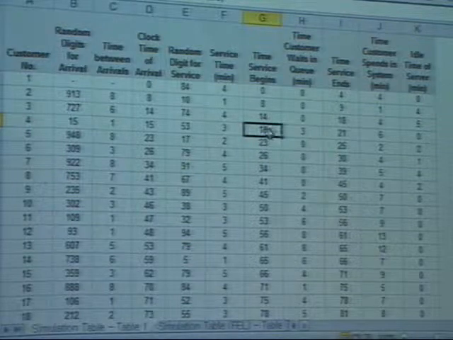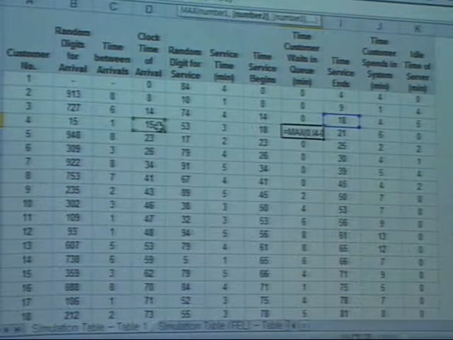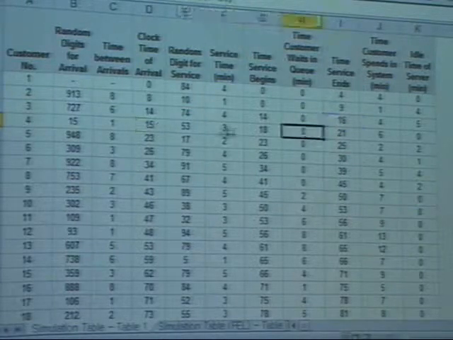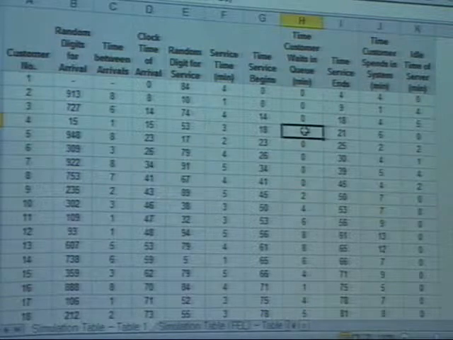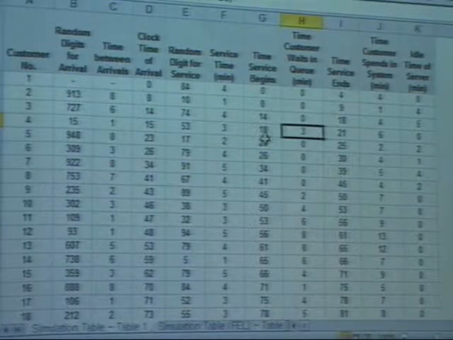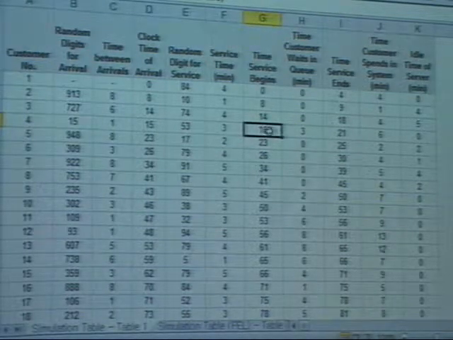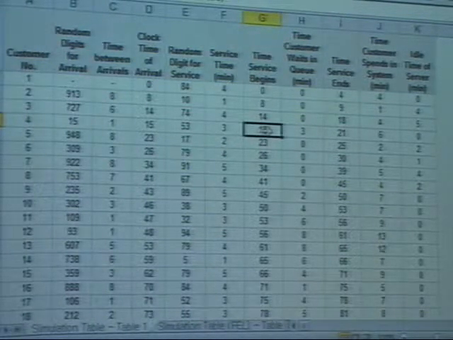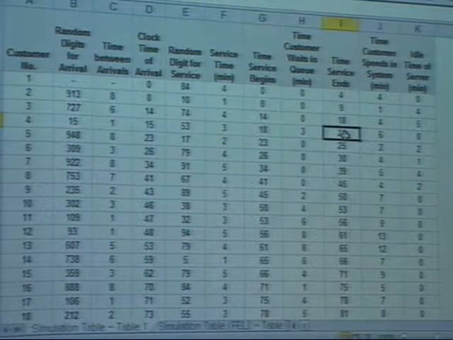Because of that, 18 minus 15, it has to wait 3 minutes. It's a delay, by the way. It has to wait inside of this queue 3 minutes, and the service starts at 18, and 18 plus 3 required service time is 21.